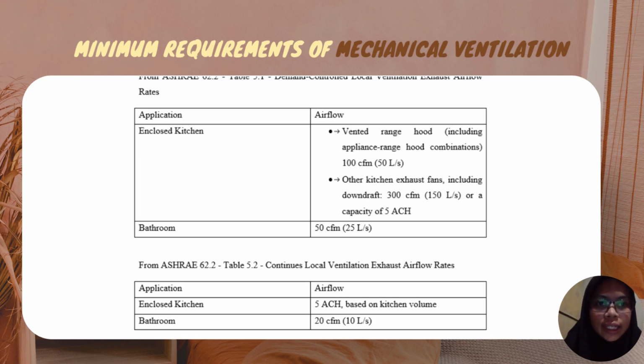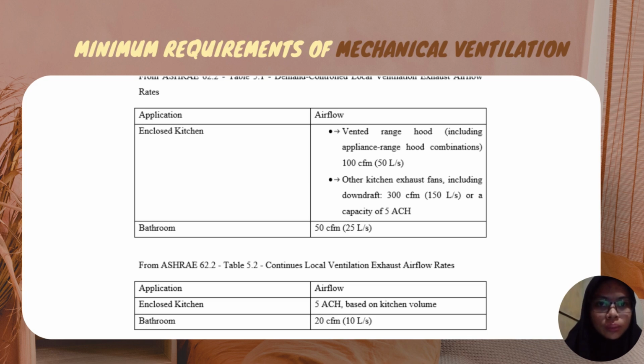Other kitchen exhaust fans including downdraft is 300 CFM, which in L per S is 150, or a capacity of 5 ACH. For the bedroom, we are getting airflow of 50 CFM, or in unit L per S is 25.